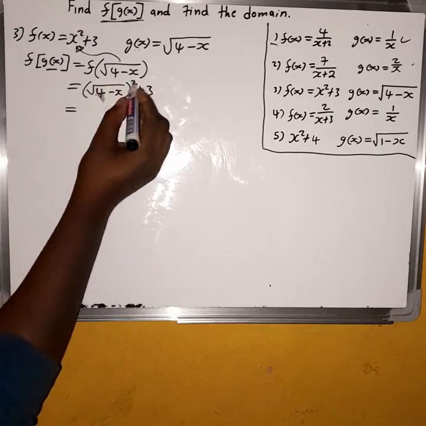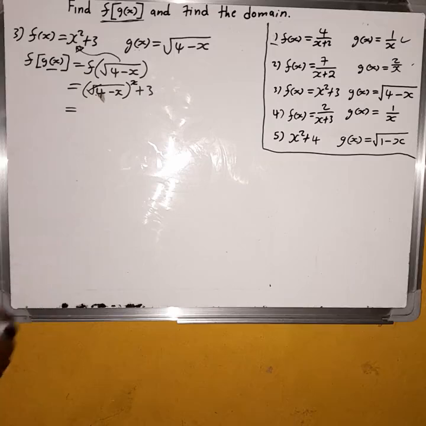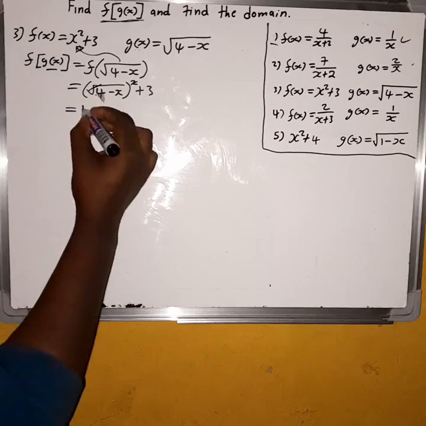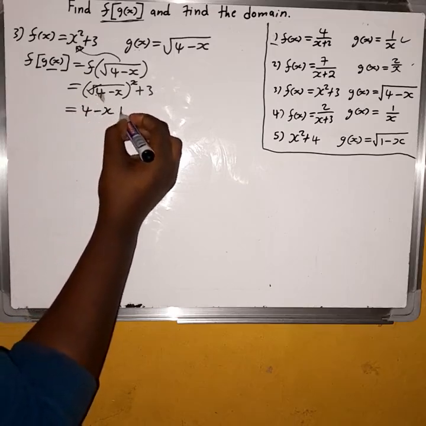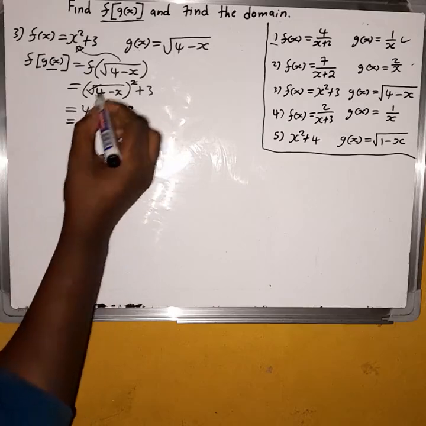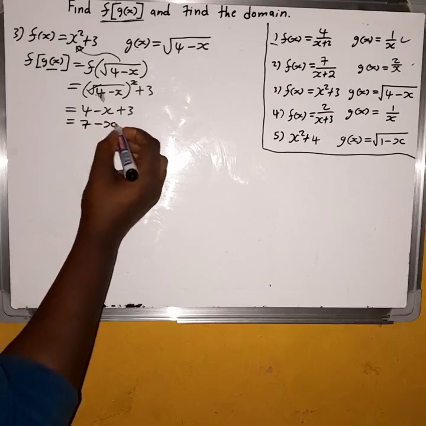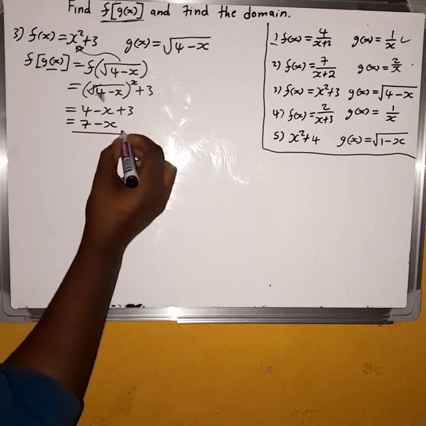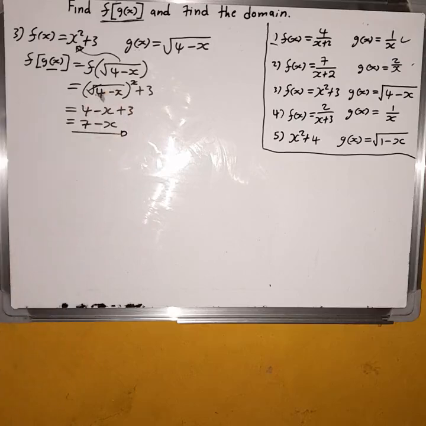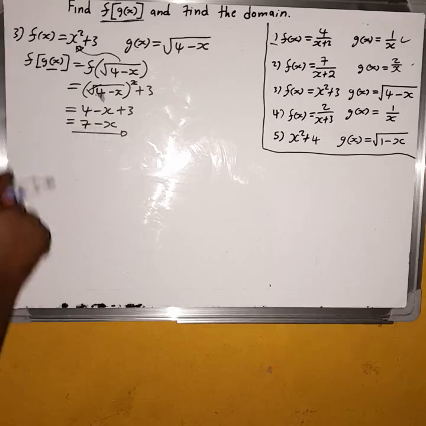Then mathematically this square and square root will cancel. We're left with 4 minus x plus 3. This will be 7 minus x, right? This is our composite function.